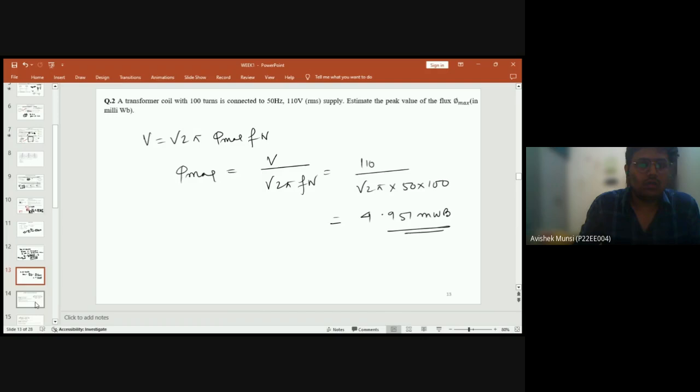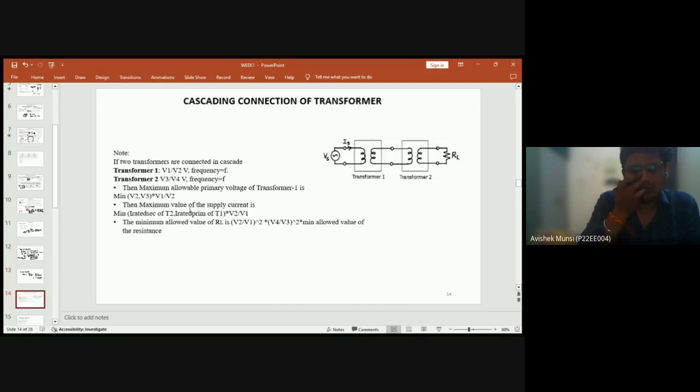Okay. So now the next formula, if two transformers are in cascading mode, like this way. Suppose our first transformer has a ratio of V1 by V2 connection. Suppose this one is V1, this is V2, voltage here, and here it is V3, V4, fine.